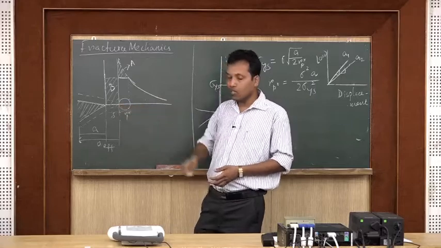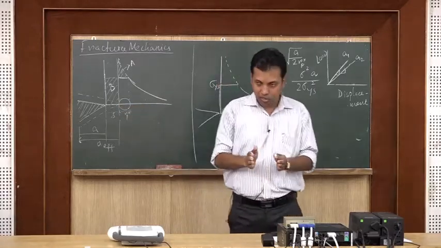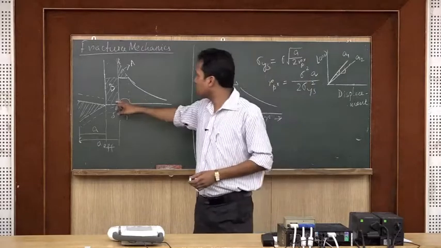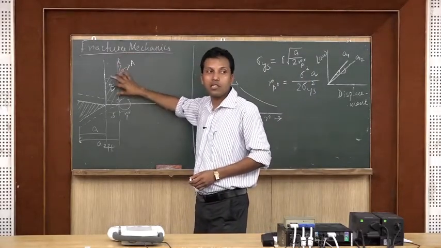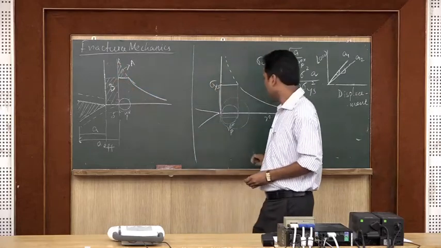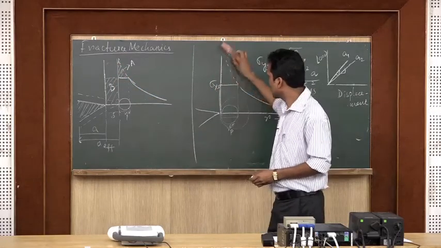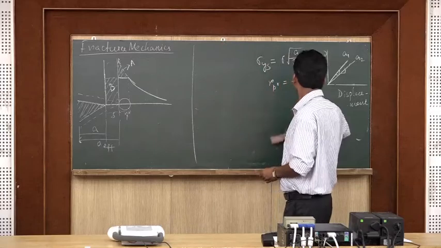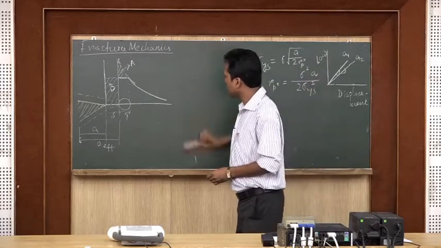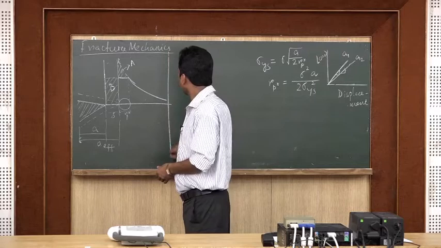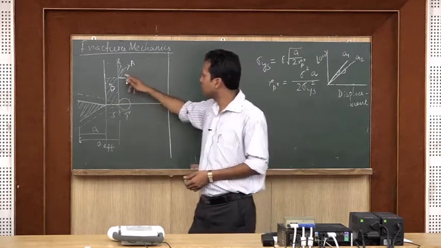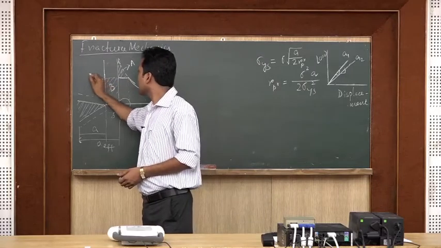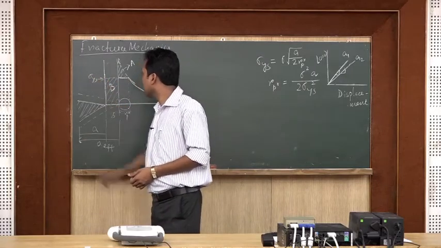So, delta, the length of this extra crack length, should be such that it must consider the load bearing capacity of this much length. So, if we have to do an energy balance, I can write that area under this equals area under this part of the curve, and this is the sigma ys level.